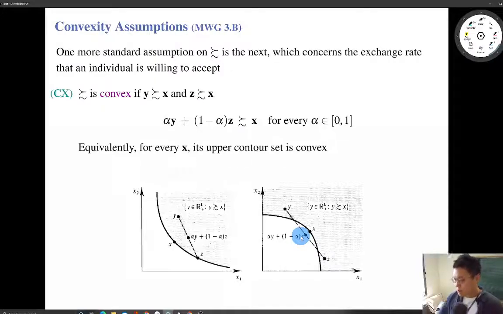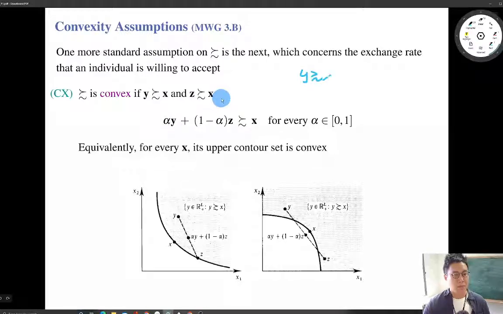And then its strong version. A strong version of convexity can also be defined, called strictly convex. We have two bundles y and z, so y is better than x and z is better than x, and y and z are not equal to each other.